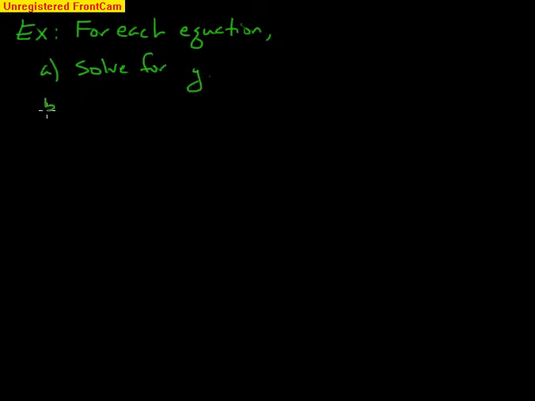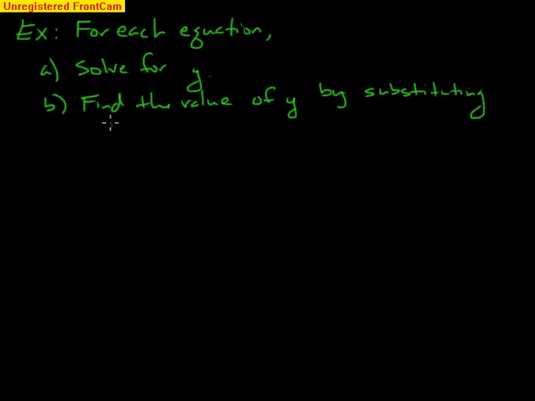And then the second part, you're going to find the value of y by substituting for x. This is what we're going to do throughout all our examples today. First we solve for y, and then we find the value of y by substituting for x.